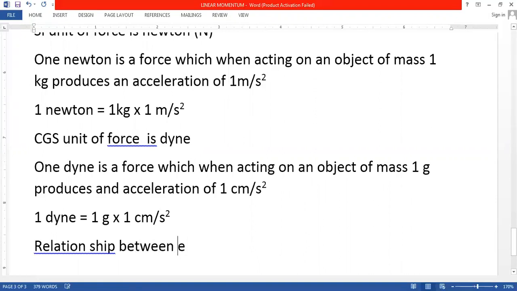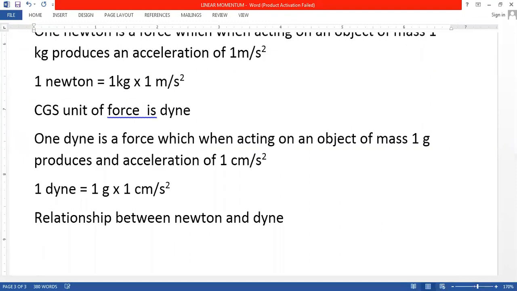Now let's find out the relationship between Newton and dyne. A very interesting relationship, beta. Now, how much is 1 Newton? We know 1 Newton is equal to 1 kg into 1 meter per second square.